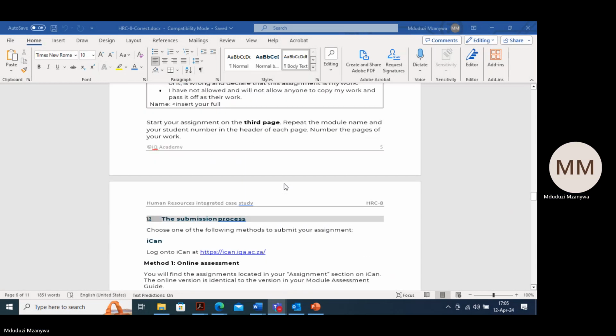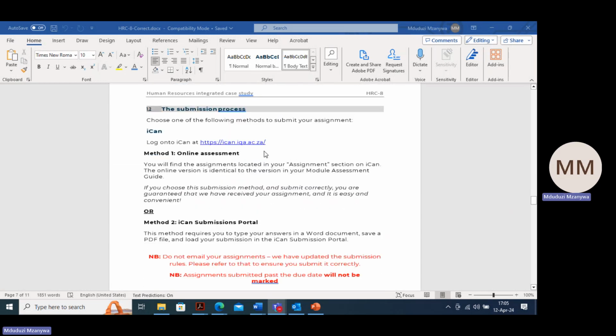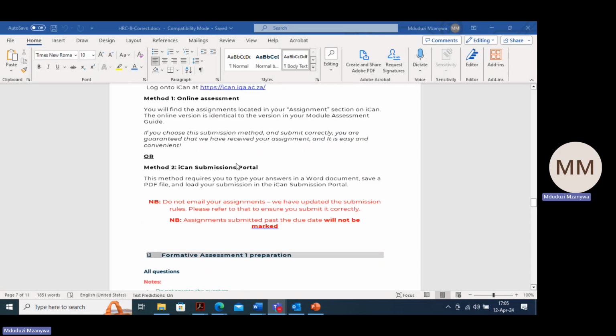And then you would need to log on to ICANN. You can do the assessment online, or you can submit a Word document that is written, or where you would need to submit it as a PDF file. So both of these are allowed.